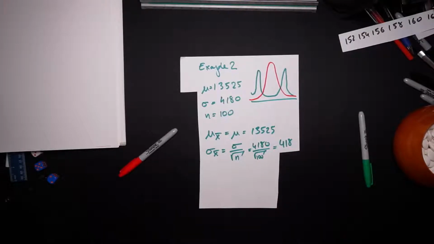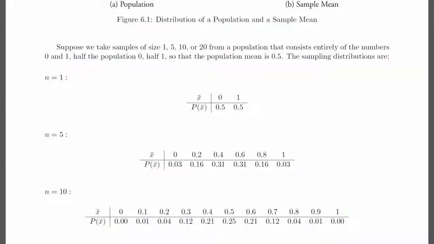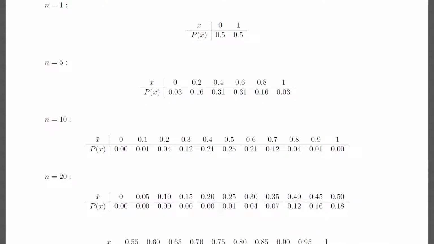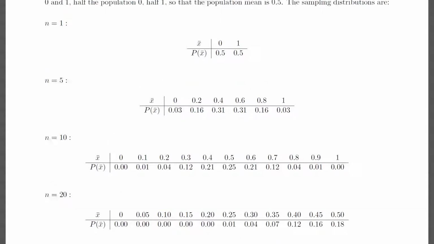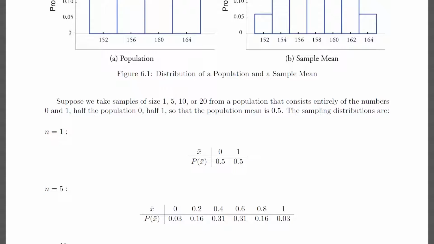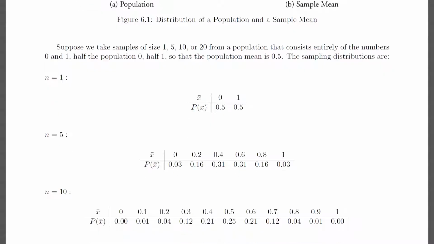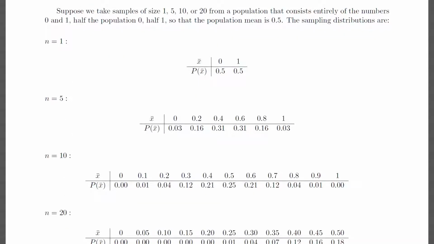Oh, look at that, we already did that. So 98, we're good. But here's a really cool description here, and I'm going to pop it on the screen. This is on page 198. This kind of concept of different samples.